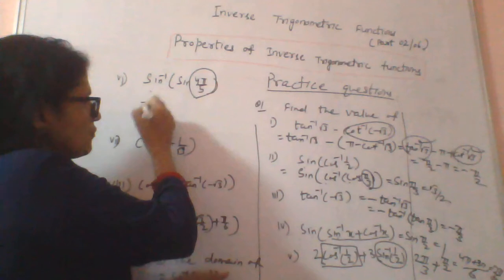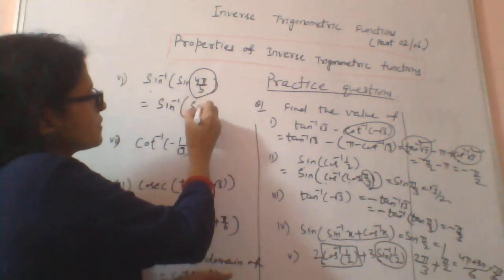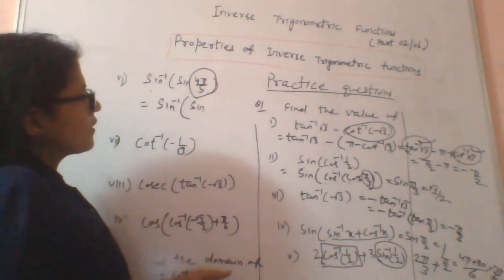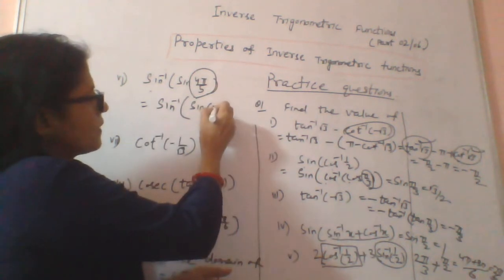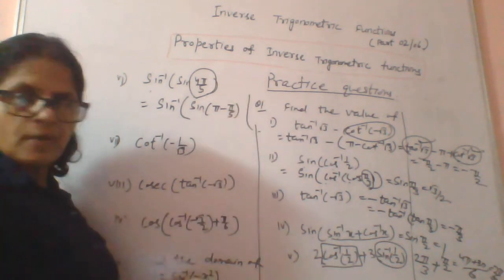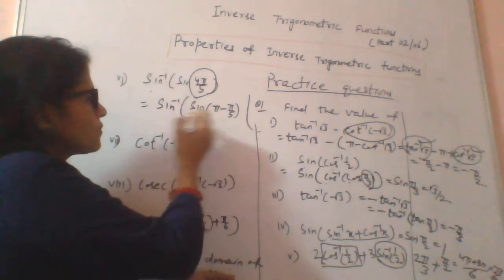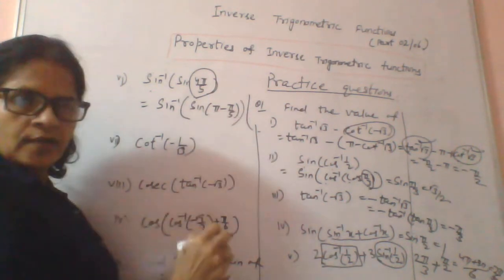So what we need to do here: sine inverse of sine 4 pi by 5. If I write here pi minus pi by 5, sine 4 pi by 5 can be written as sine of pi minus pi by 5. Sine of pi minus theta is sine theta.